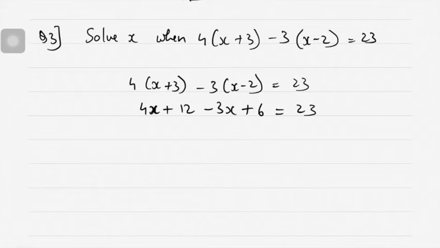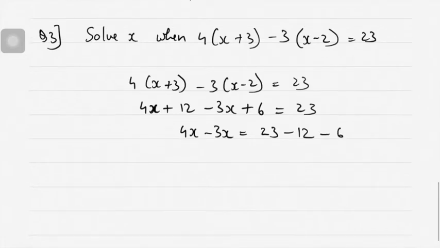Now keep x terms on one side and number terms on the other side. Okay, so 4x minus 3x is equal to 23. Plus 12 will go that side, it will become minus 12, plus 6 will go that side, it will become minus 6.